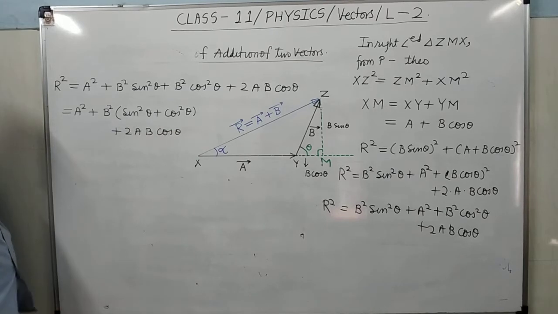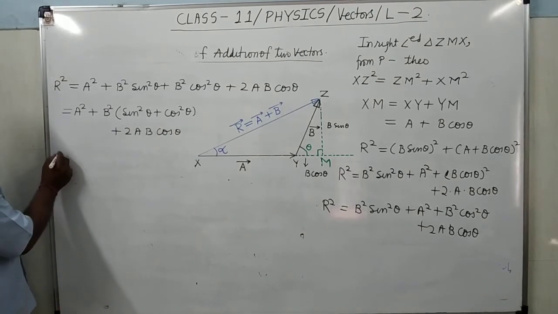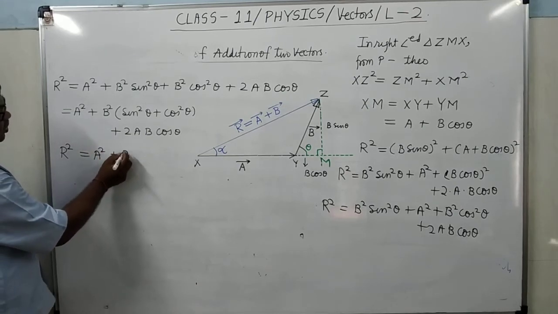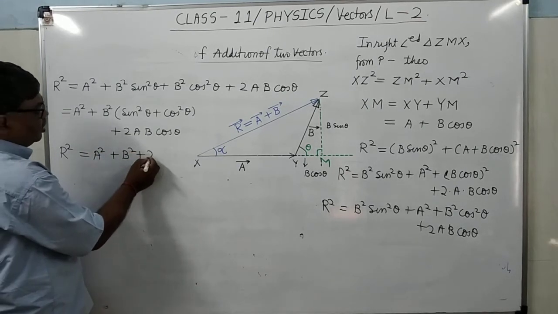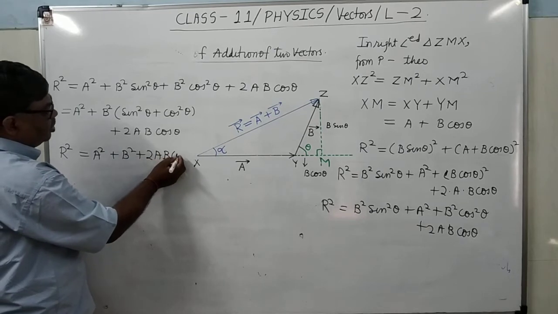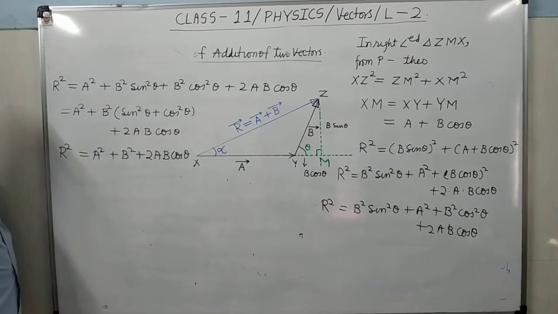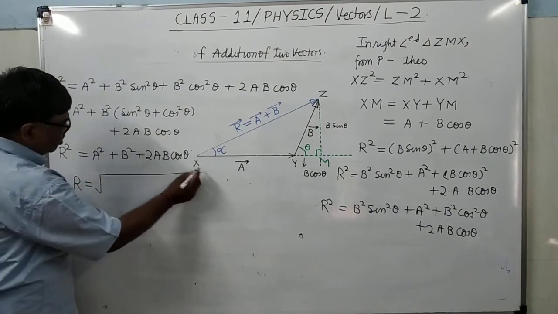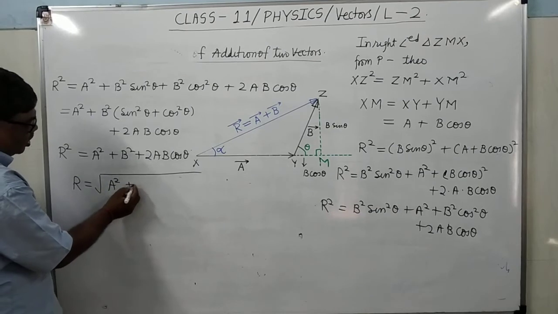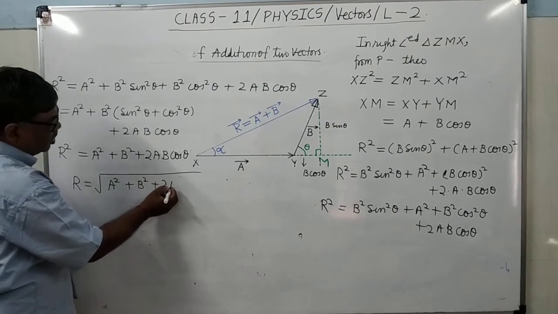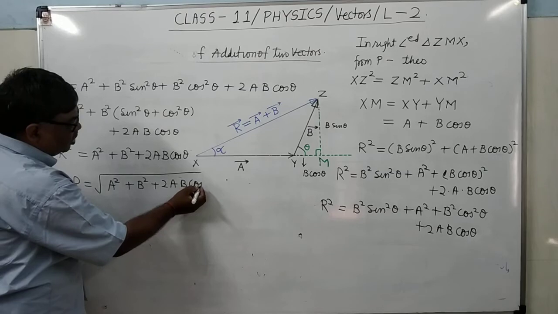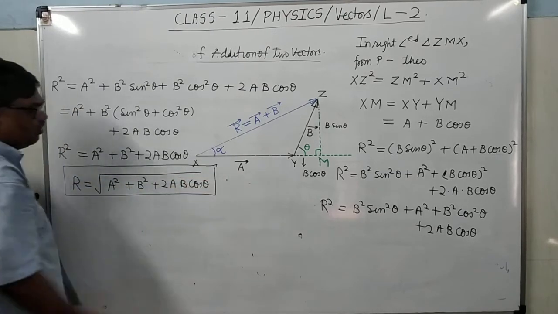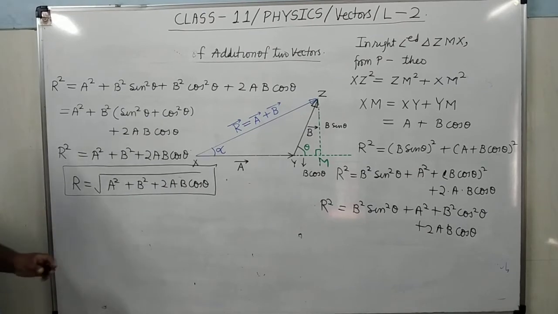What is sin square theta plus cos square theta? Equals 1. So R square equals A square plus B square plus 2AB cos theta. So R is the square root of A square plus B square plus 2AB cos theta. By this formula you can find the magnitude of the resultant vector.